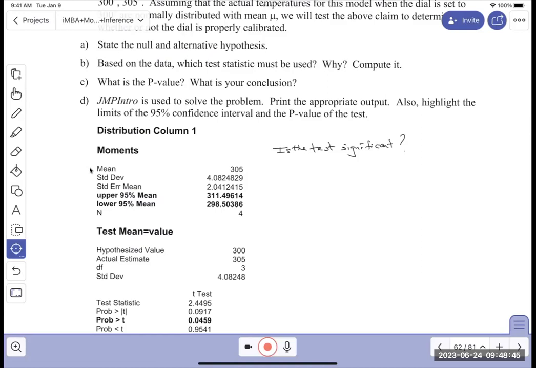I know we'll read the problem after, but here, these are the results, these are the statistics of the sample. So these are the findings in the sample.